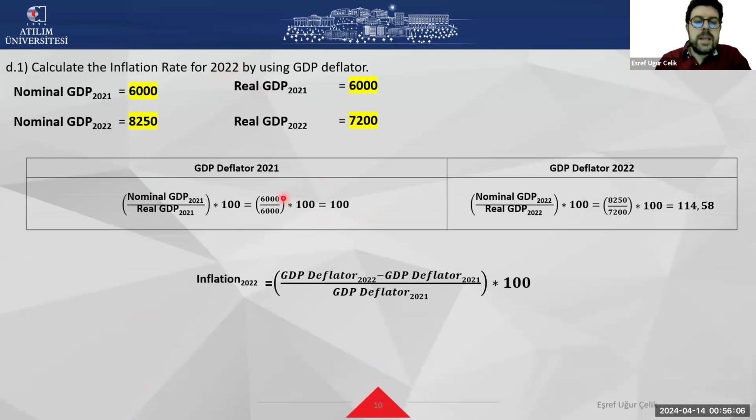And I said in the base year, GDP deflator is equal to 100. What about the GDP deflator 2022? Nominal GDP divided by real GDP for the year I asked you, multiply 100. We find that number. Then we can put it into the equation to find the inflation rate.